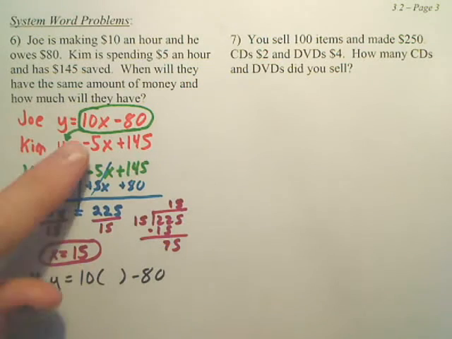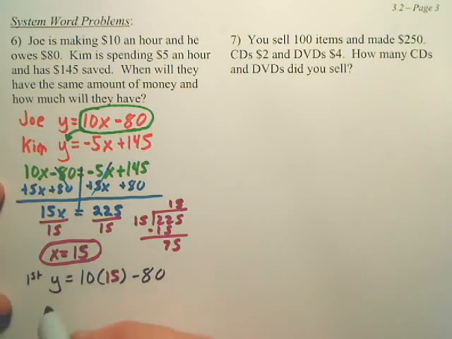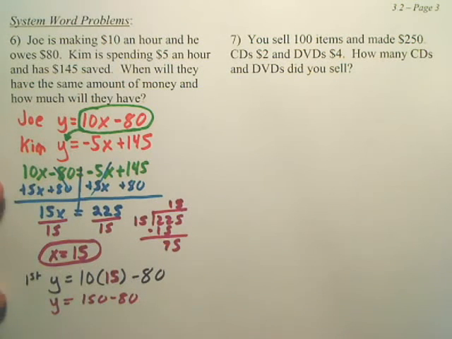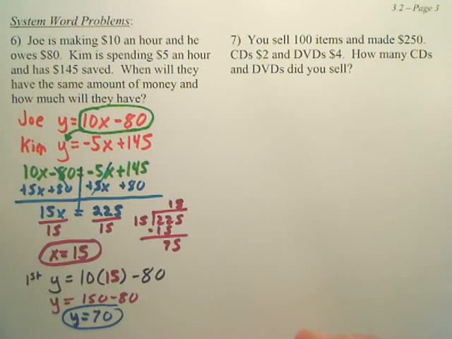So when I take the 15 and plug it into Joe, I get y equals 150 minus 80. So it looks like my answer, y equals 70. So what does that mean?